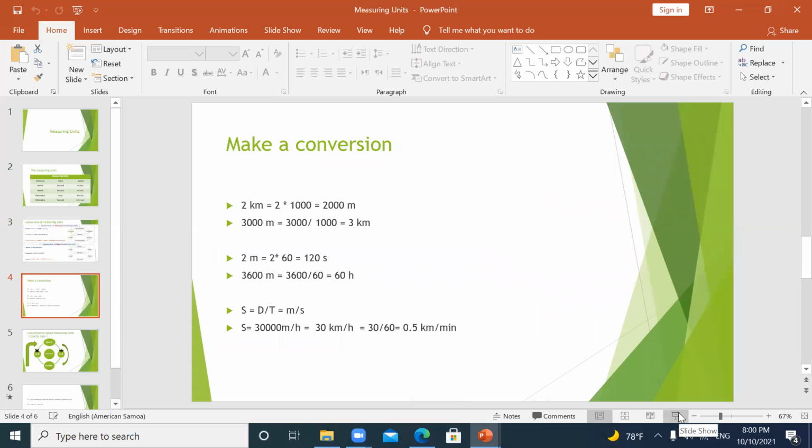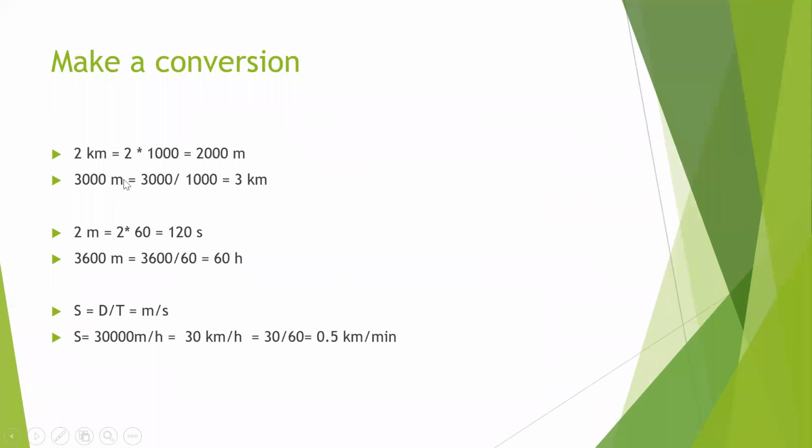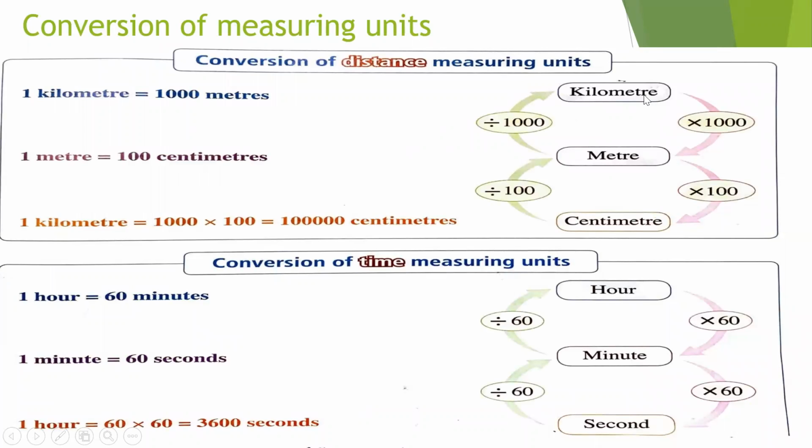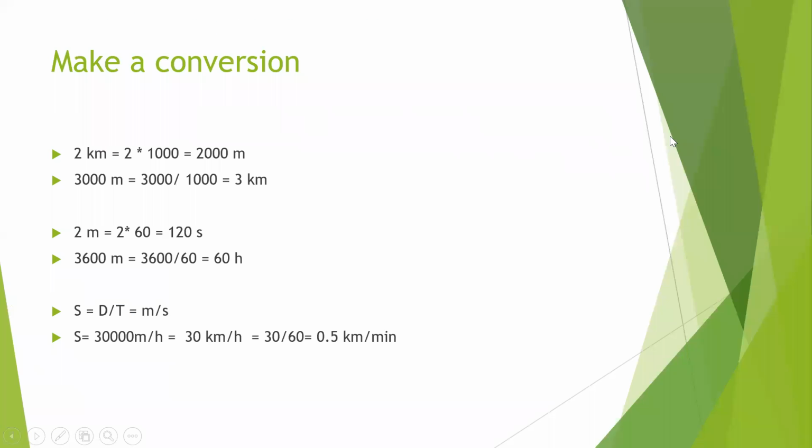Here is an example. How many meters in 2 kilometers? It's very easy. Now, I will convert from kilometer to meter. So, as we agreed, from kilometer to meter, I multiply by 1,000. 2 multiplied by 1,000 equals 2,000 meters.